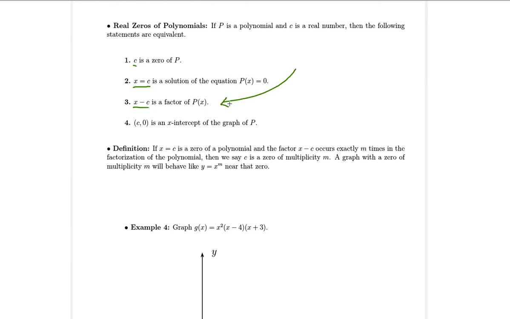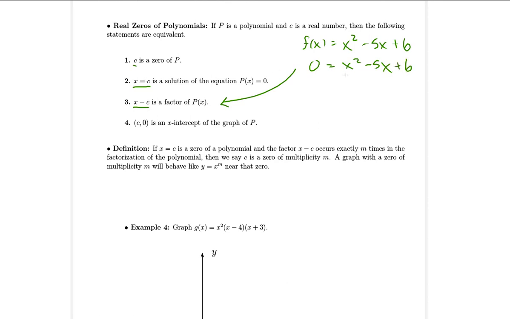Okay, so if I gave you f of x is equal to x squared minus 5x plus 6, and I'm trying to find the zeros of this polynomial, number 2 says that's the same as setting the polynomial equal to 0 and solving, right?